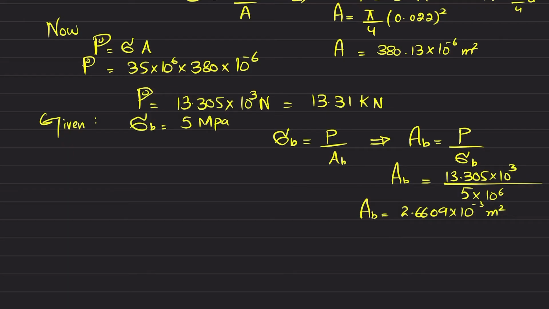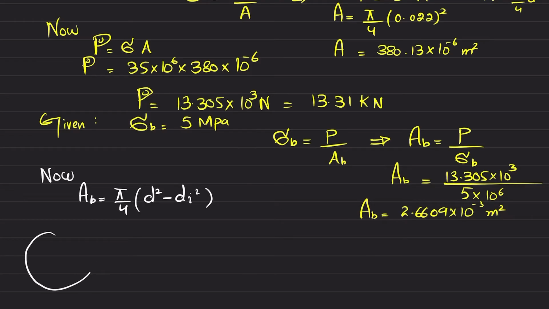Now you have the bearing area, and for the washer, the bearing area will be equal to pi by 4 into D square, where D is the outer diameter, minus DI square.